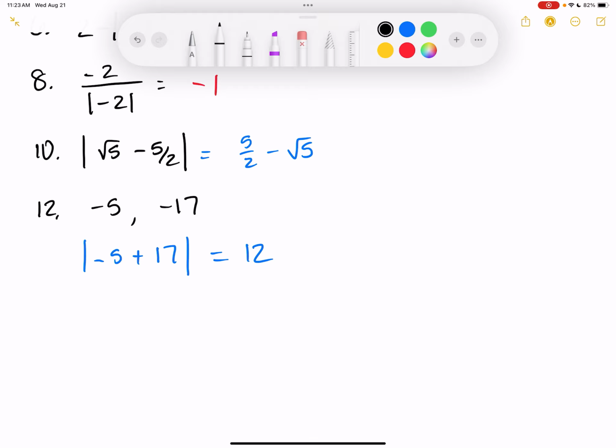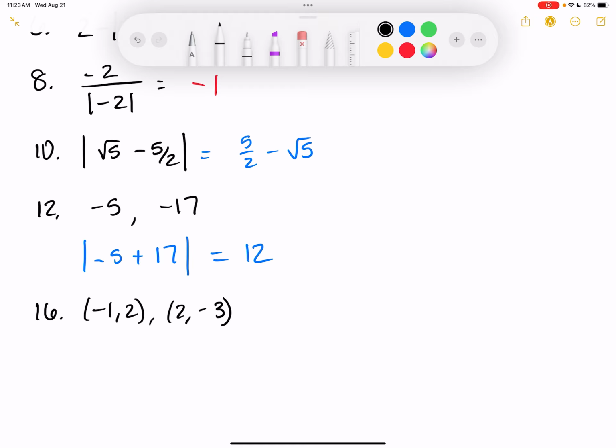Now the next one: negative 1, 2, and 2, negative 3. How do I find the distance between 2 points? That's the distance formula.